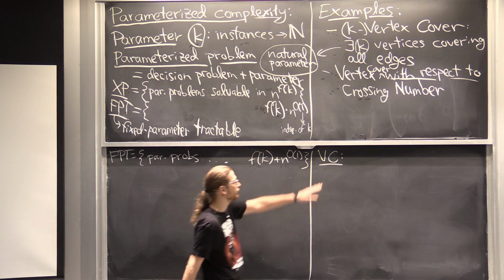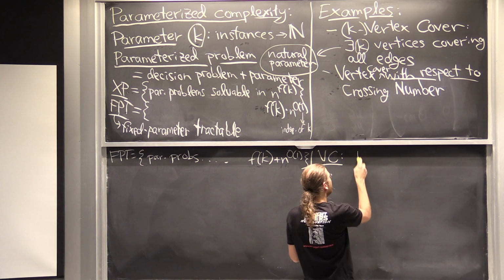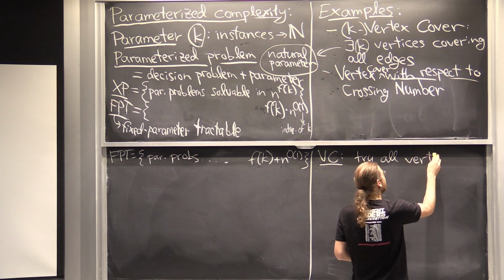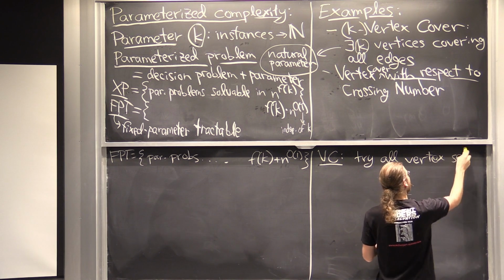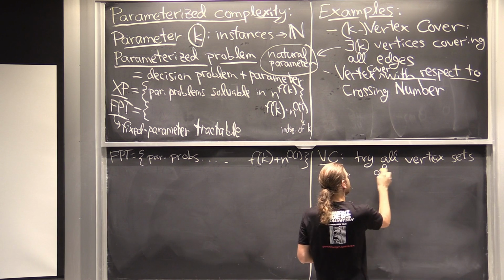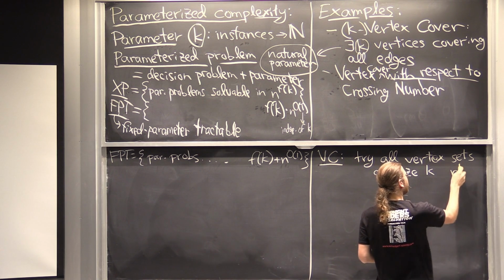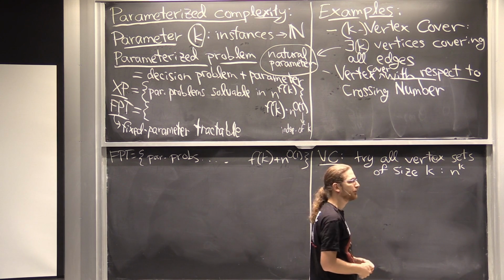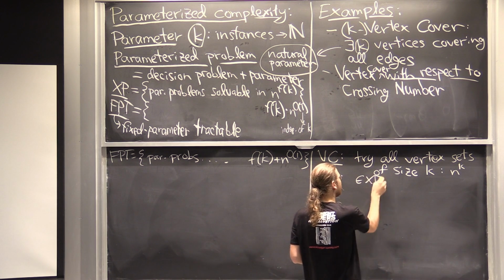Remember, we want to know whether there's a vertex cover of size k. K is given to us. There's only n to the k of them. And for each of them, we'll spend, I don't know, linear time to check whether it's a vertex cover. So this proves that the problem is in XP.